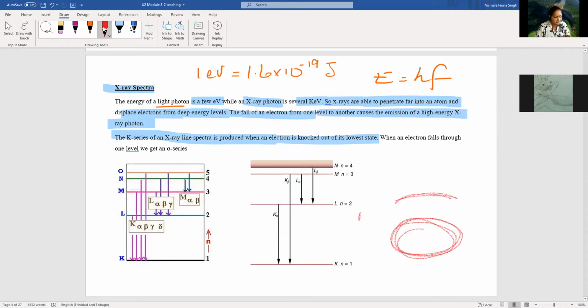What's the name of your first shell in an atom? Chemistry people, anybody? Barry, give me an answer. People who do chemistry, what is the first shell in your atom called?